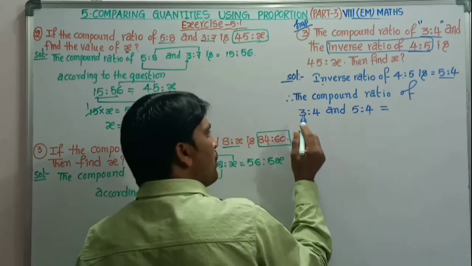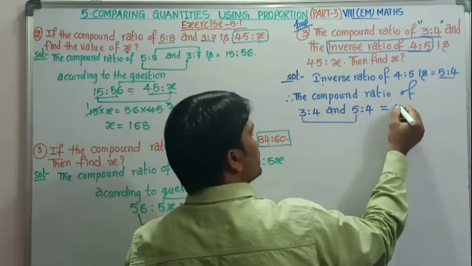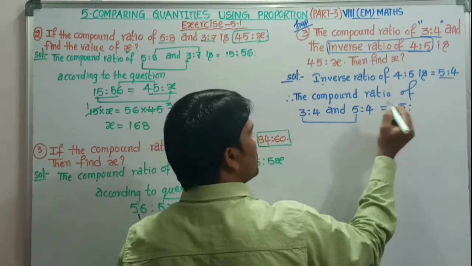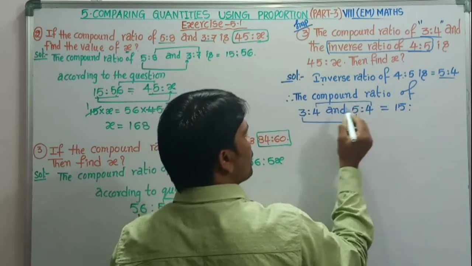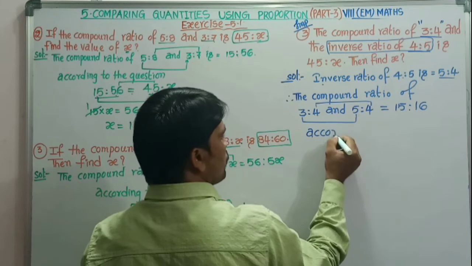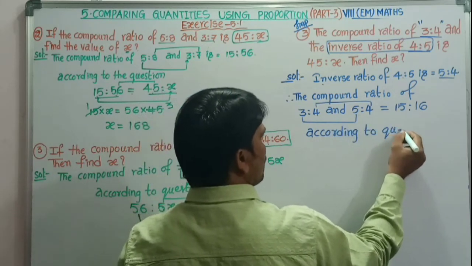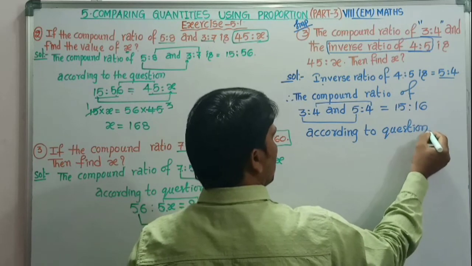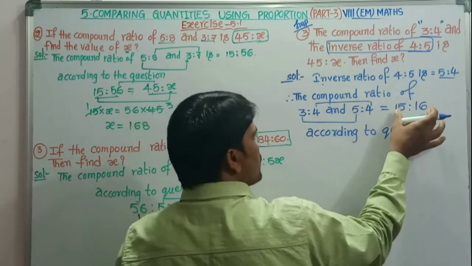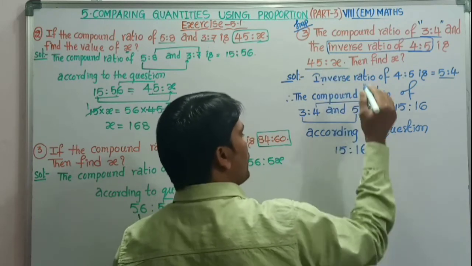The compound ratio of these two ratios is the product of their antecedents, 3 fives are 15, to the product of their consequents, 4 fours are 16. But according to the question, their compound ratio 15:16 is equal to 45:x.